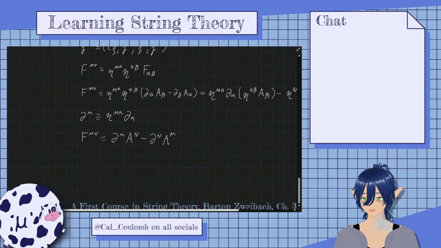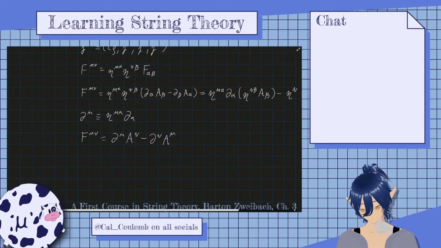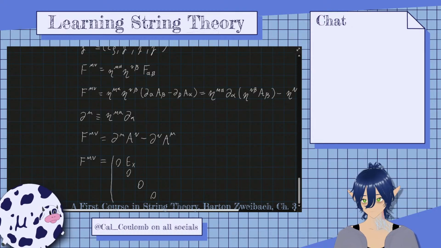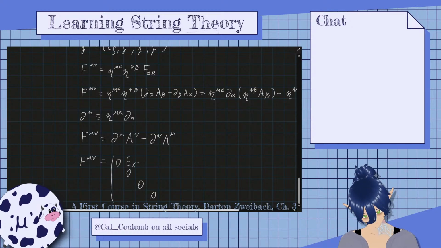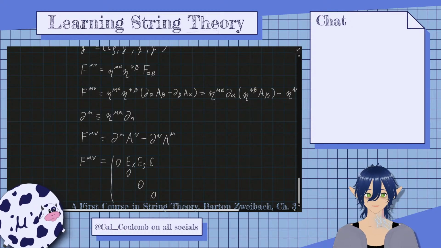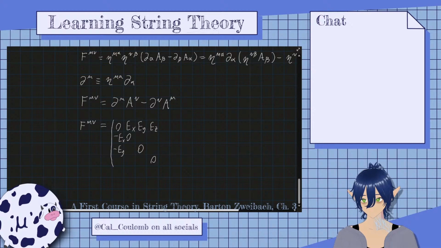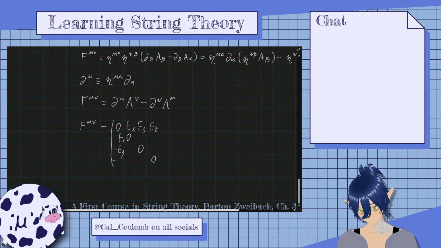It follows from 3.3 and 3.30 and 3.20 that F^μν, this time with the upper indices, is, again, we have 0 on the diagonals, but now we have the positive components of the electric field on this side, so Ex, Ey, Ez, negative components here, minus Ex, minus Ey, and minus Ez.